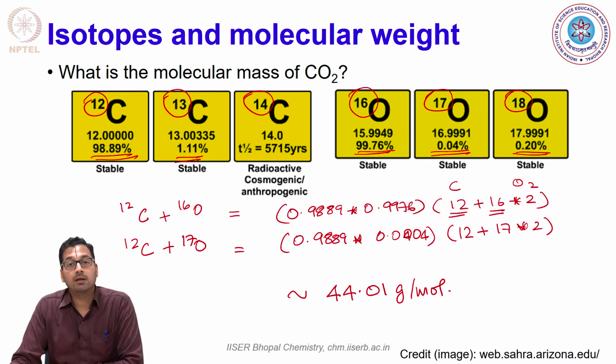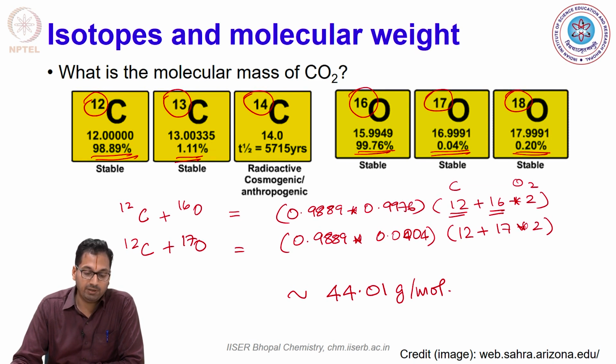We tend to assume that C12 and O16 constitute the molecular weight of carbon dioxide, and therefore we tend to say 44 grams per mole is the molecular weight of carbon dioxide. As you have seen in this detailed discussion, isotopes do end up mattering. So depending upon the concentration of these isotopes, one has to be careful defining what is the molecular weight for a given chemical.